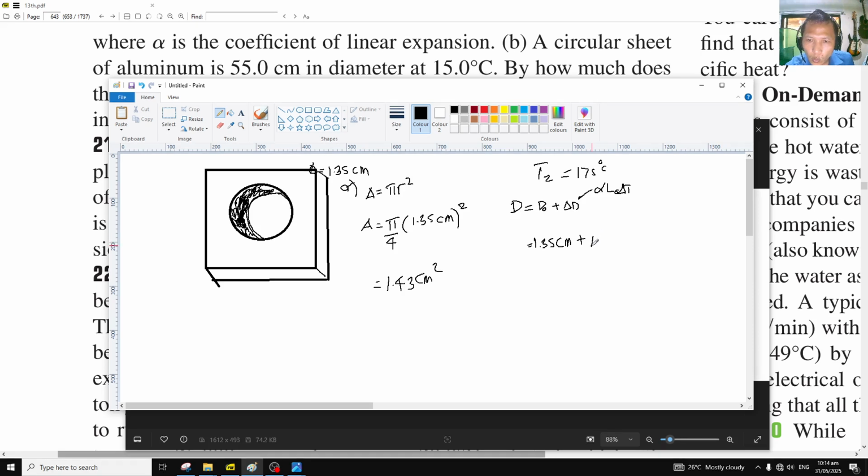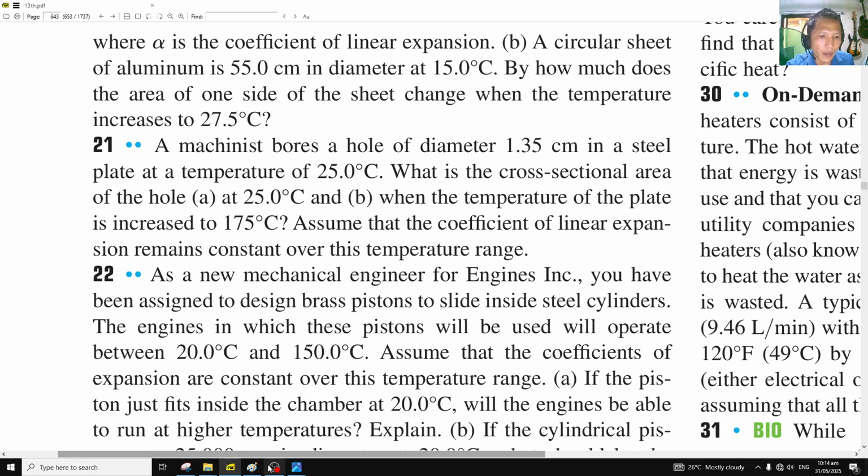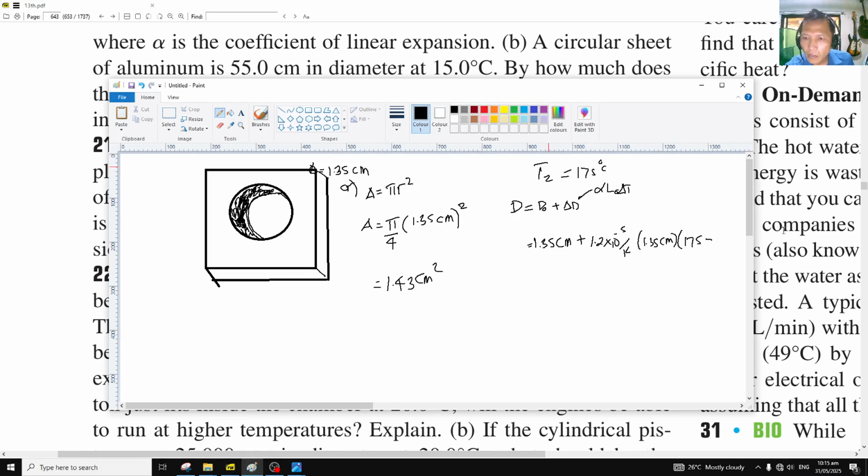1.2 times 10 to the 5 per Kelvin, and then you have your original 1.35 centimeter multiplied by 175 minus 25 degrees Celsius. We take out the Celsius, put it outside as Kelvin so that it cancels.